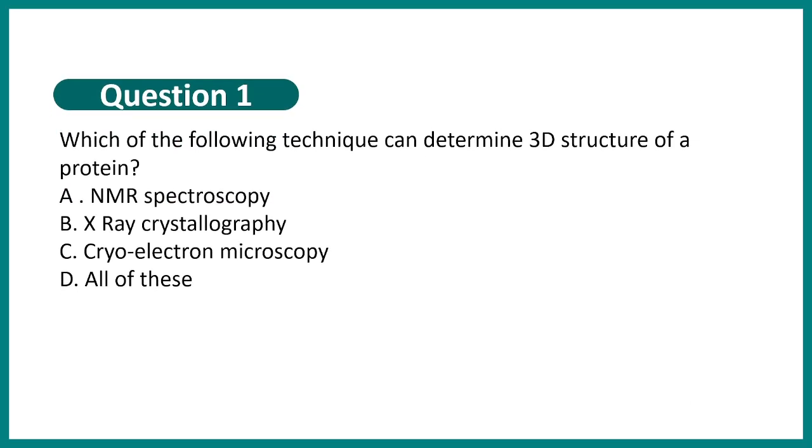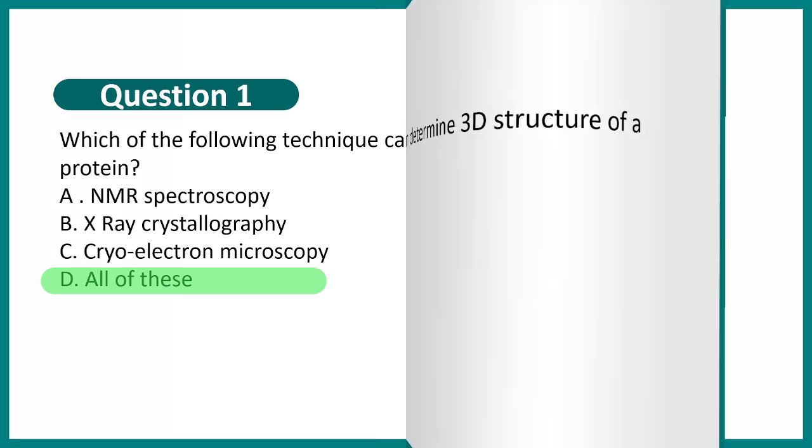Let's jump on to today's discussion. Question number 1 says, which of the following techniques can determine the 3D structure of a protein? So the correct option is all of these. NMR spectroscopy, X-ray crystallography, cryo-electron microscopy, all of these techniques can be used to determine a protein's 3D structure. If you want to learn more about it, click on the I button, you would find the necessary video.